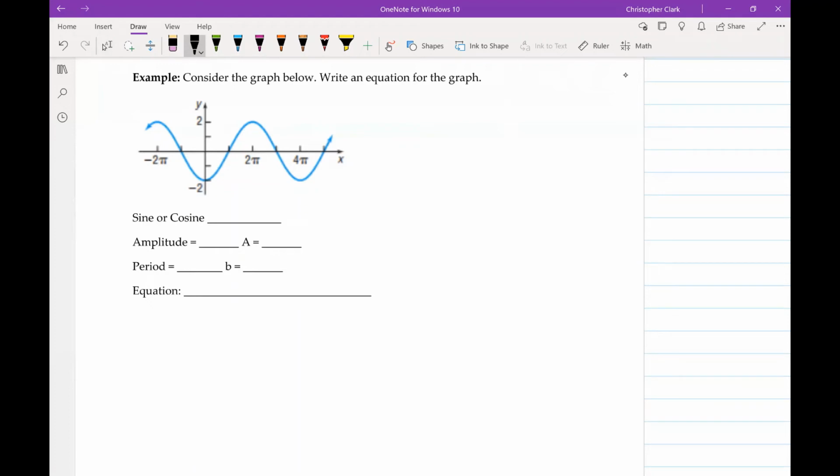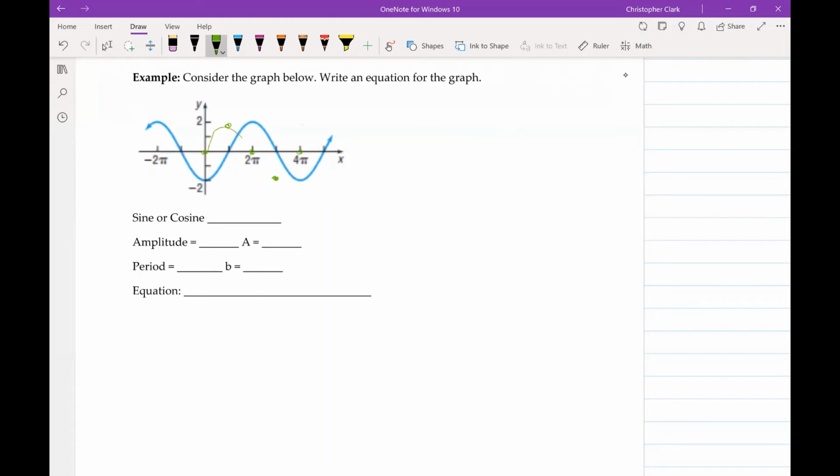Well, right off the bat, we can say that sine should start at 0 and then max out at 1, then back to 0, then min out, and then back to 0.